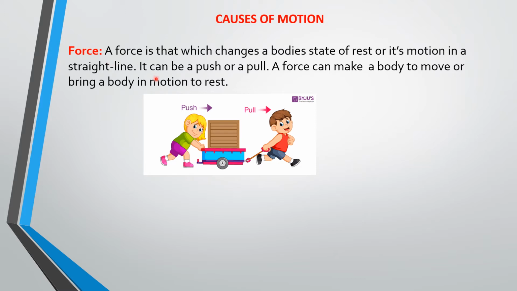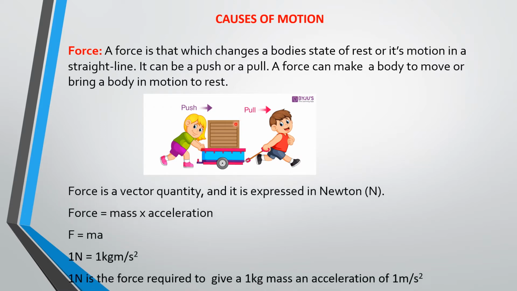Just like I said, a force can either be a push or a pull, and that is what is represented by this simple picture or diagram. Because a force can cause a body to move in a particular direction, and because a force has magnitude and direction, it is what? A vector quantity.